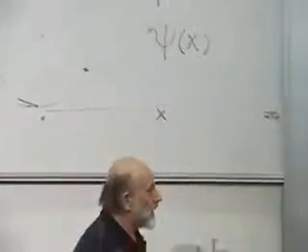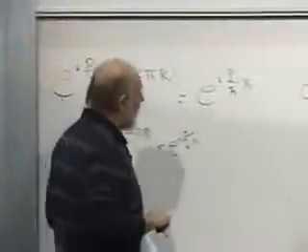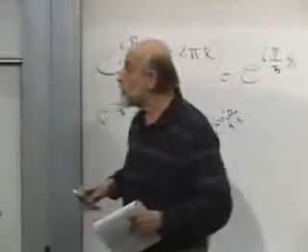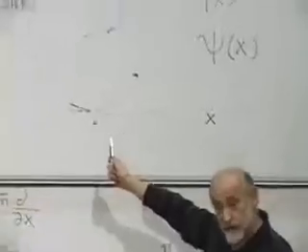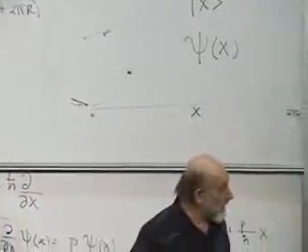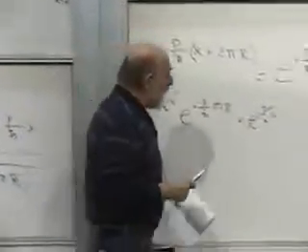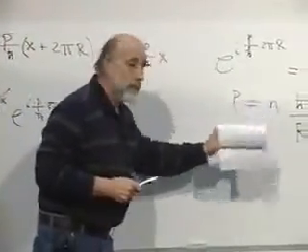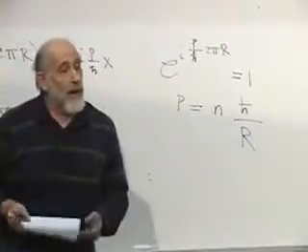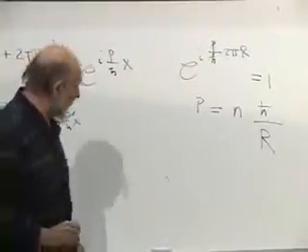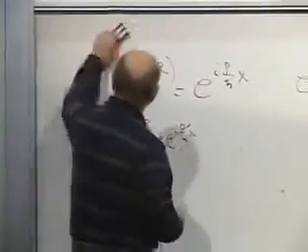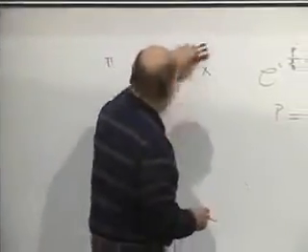So what we learn, among other things, is that although the position on the circle is a continuous variable, the momentum is a discrete variable, and it can only take on integer multiples of a certain quantity, h bar over r. Now, as the circle gets bigger and bigger, let's plot the possible values of p.